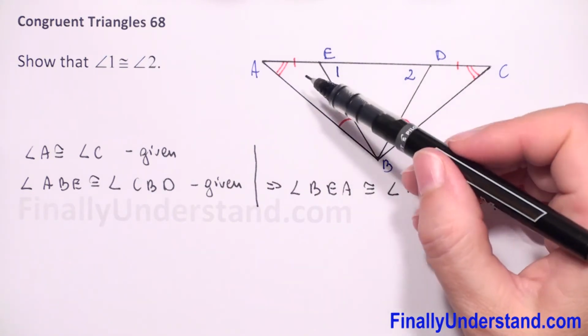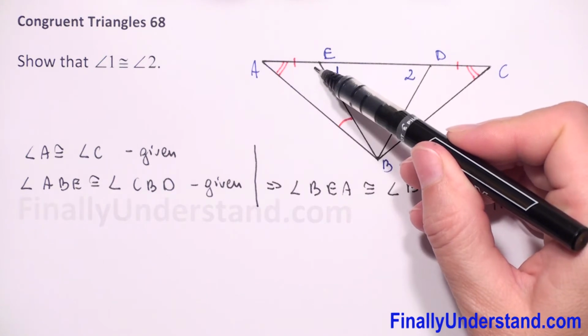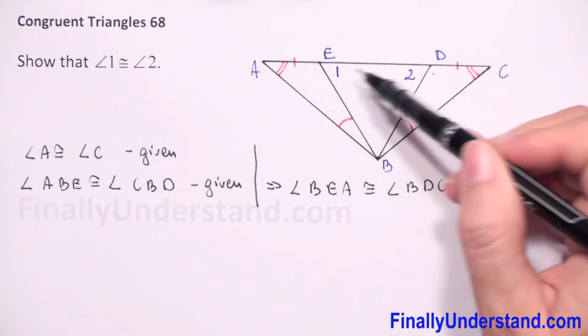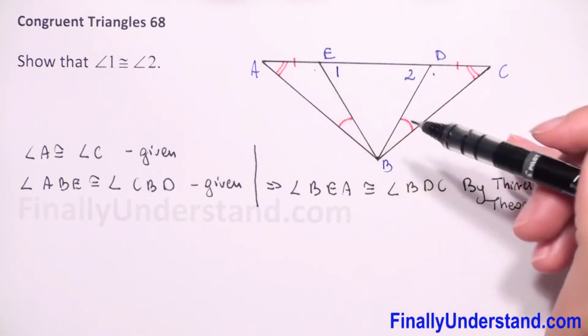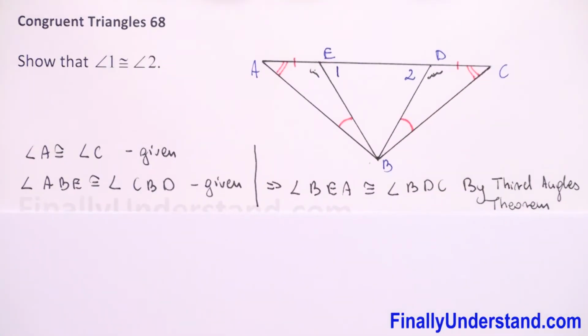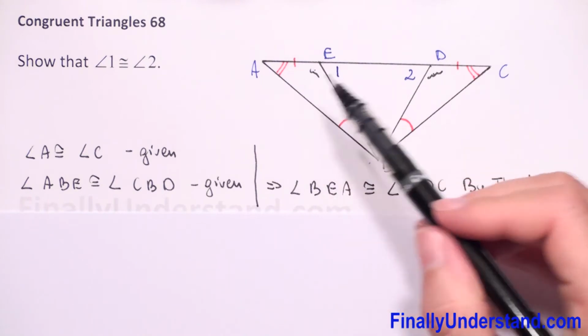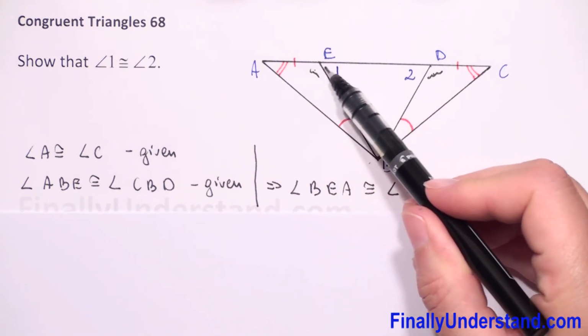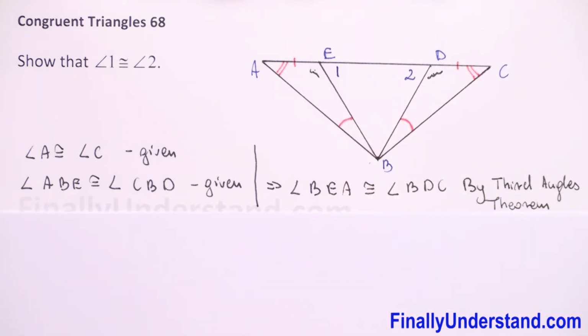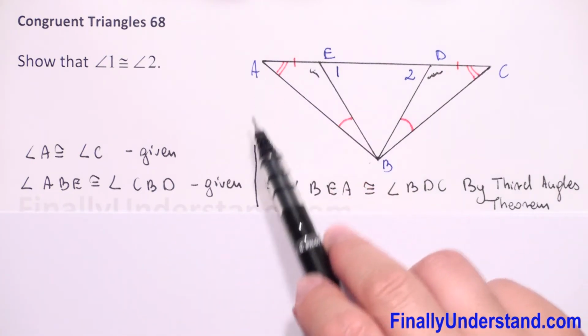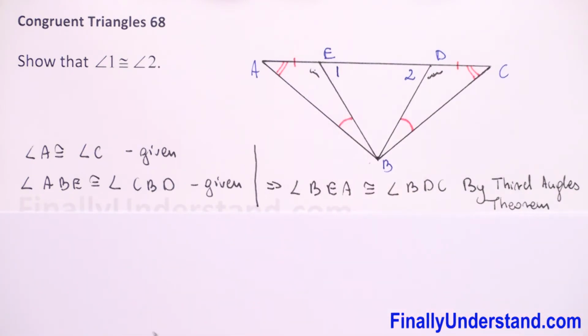So we have given that these two angles are congruent as well. And we see that angles BEA and angle 1 are supplementary. So the measure of angle BEA plus measure of angle 1 is 180 degrees, I can write.